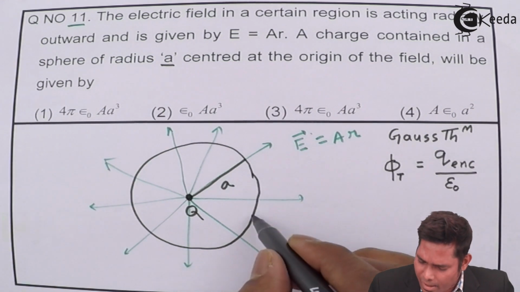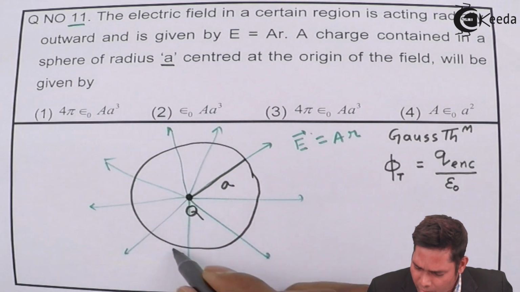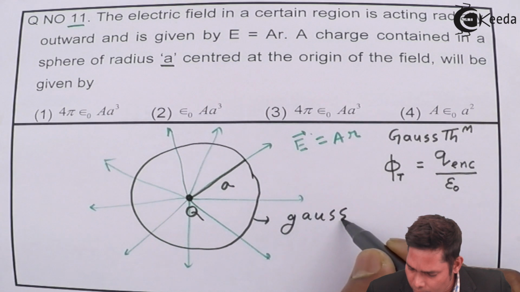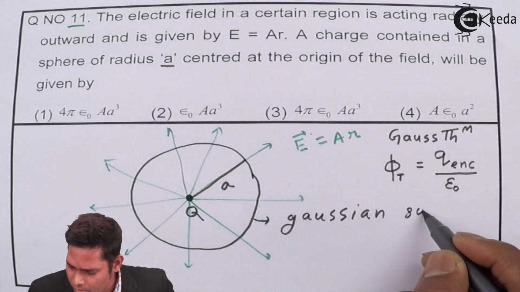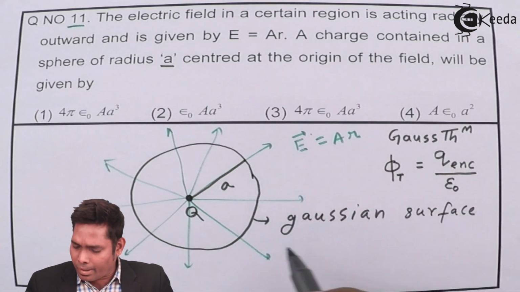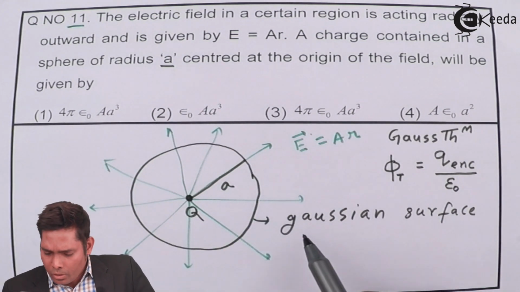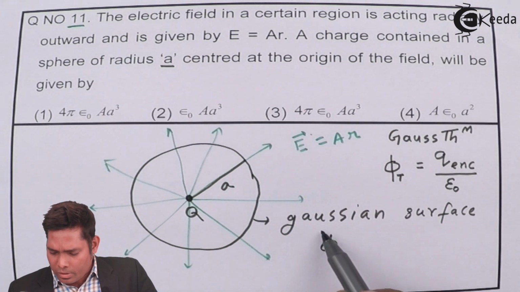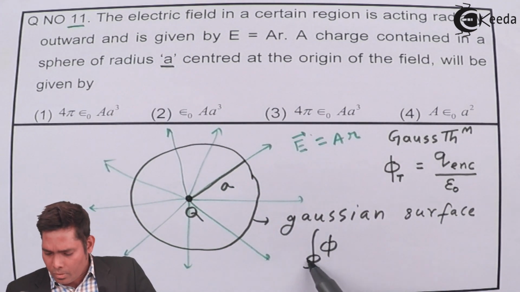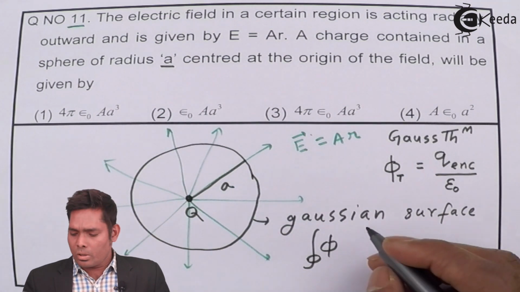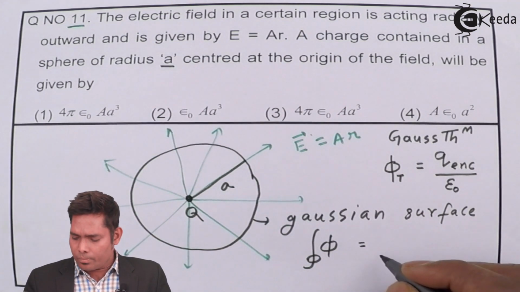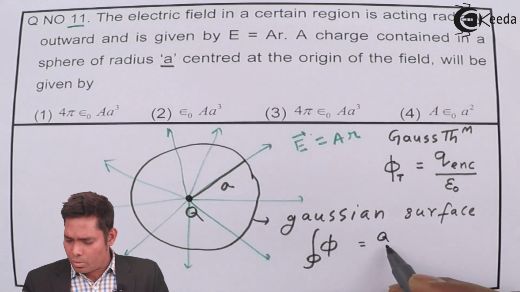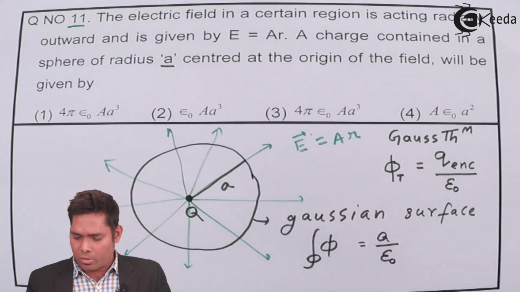If I consider this sphere of radius A as my Gaussian surface and apply Gauss theorem, then the flux coming out of this closed surface is equal to the total charge that I have taken here, that is Q, divided by epsilon naught.